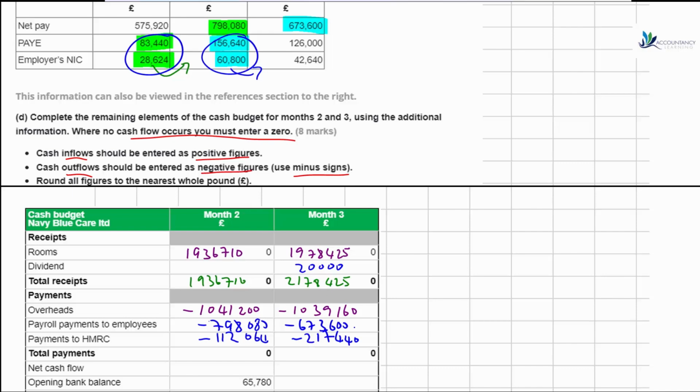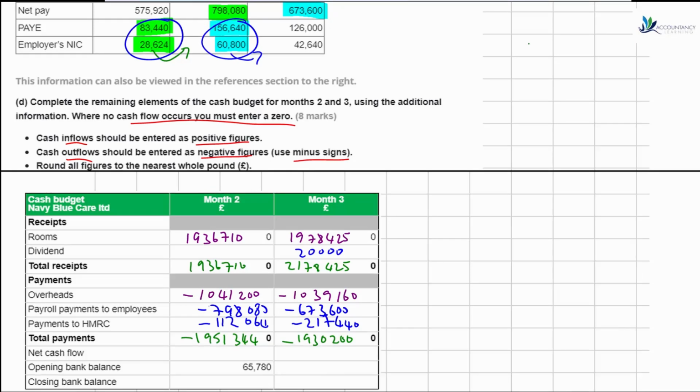Again, so the total payments would be automatically calculated by the exam software. And then having done that, we can work out our net cash flow. So our net cash flow will be the difference between the cash coming in and the cash going out. And that totals in month 2.